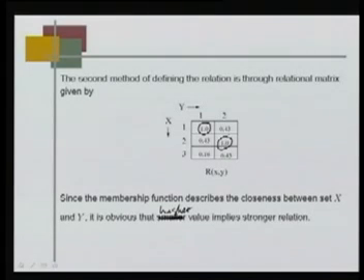If I simply say numerical closeness, then 2 and 2 they are the closest, and 1 and 1 they are the closest. Higher value implies stronger relation. So, their relation is strong.